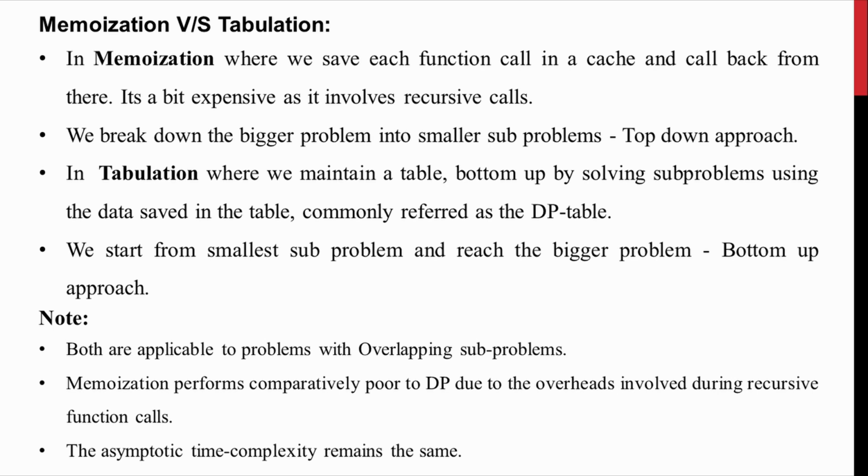So finally we see memoization and tabulation: what are the similarities and what are the differences between these. Both memoization and tabulation solve individual subproblems only once. Memoization uses recursion and works top-down, whereas tabulation moves in the opposite direction, solving the problem bottom-up.